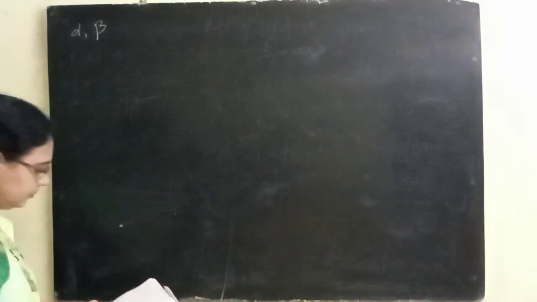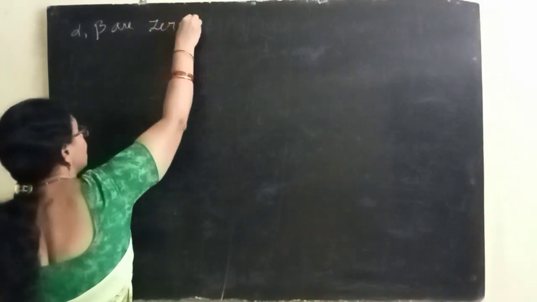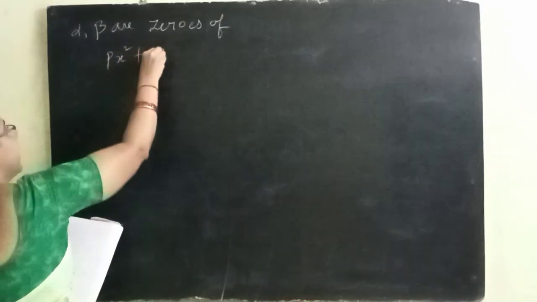Here he given alpha comma beta are zeros of px square plus qx plus 1.